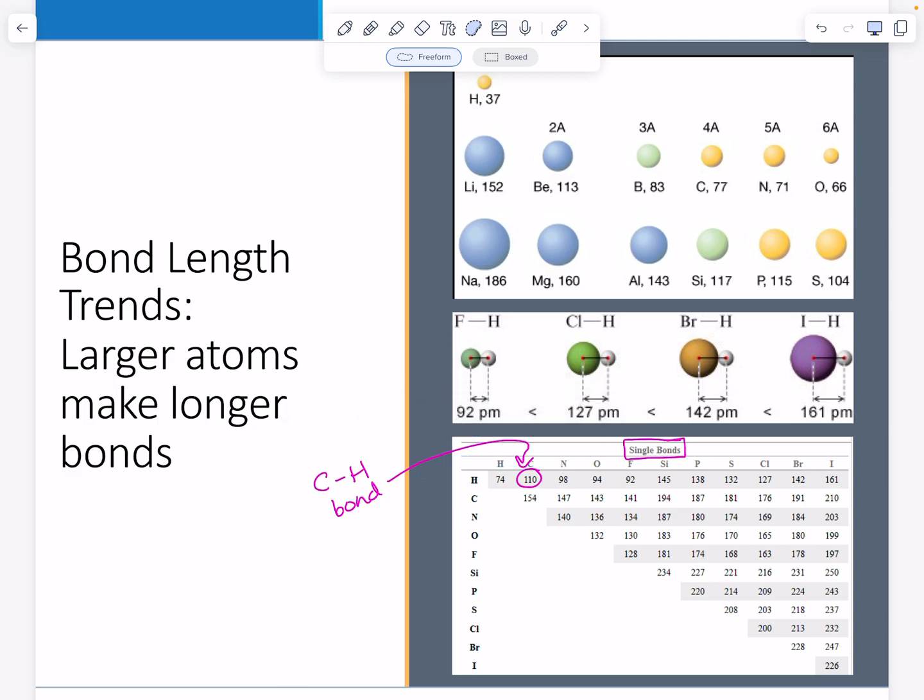That's an average out of a whole bunch of molecules. Not every carbon-hydrogen bond is going to be exactly 110 picometers. What's a picometer? 1 times 10 to the minus 12th meters. That's pico. So again, these are going to be averages.